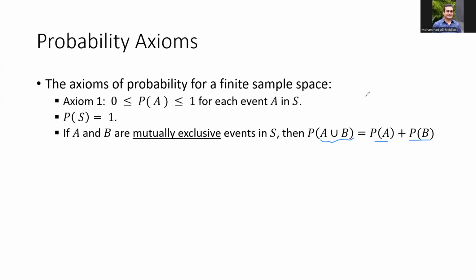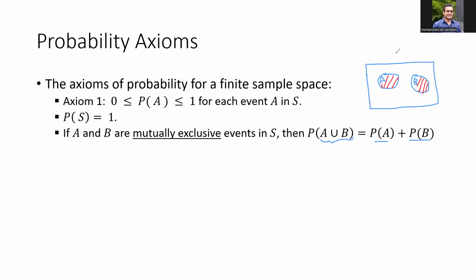If I want to visualize this part, most likely you remember the Venn diagram, and when we have two events without any overlap, for example A and B, the probability of A union B, so A union B is the shaded area in this Venn diagram.